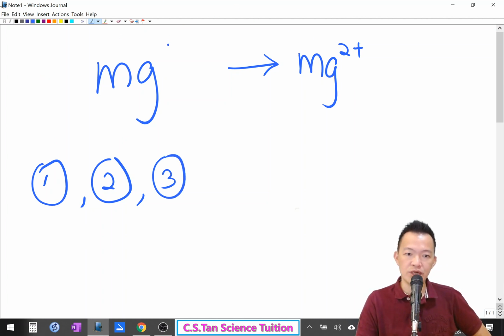And third step, you have to make sure the charge between the left and the right must be equal. 左手边跟右手边的 charge 一定要一样。Magnesium atom no charge, so the charge is 0. Magnesium ion the charge is 2 positive. 0 跟加2 they are not balanced.